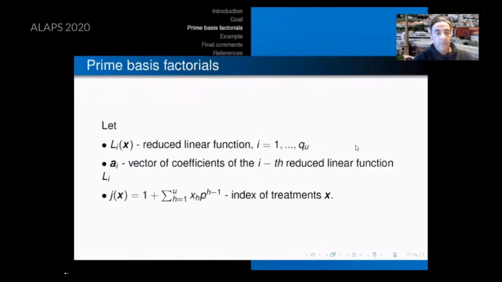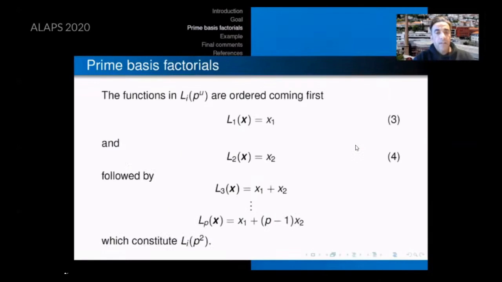Let Li be a reduced linear function, Ai the vector of coefficients of the ith reduced linear function, and Jx the index of treatment x. The functions in Li are ordered, coming first x1, then x2, then x1 plus x2, and so on until we have this.